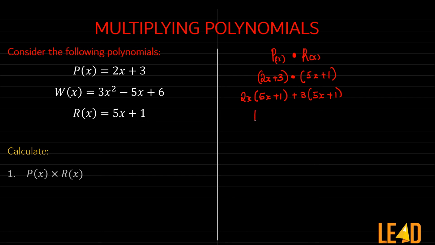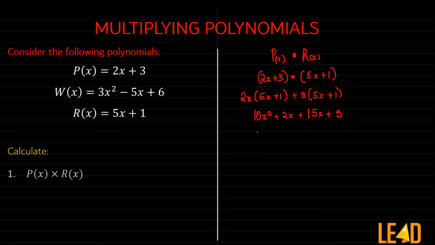2x times 5x is 10x squared, right? x to the power of 1, x to the power of 1. When you add the powers, you get x squared. And then plus 2x times 1 is 2x, then plus 3 times 5x is 15x, and then 3 times 1 is just 3.